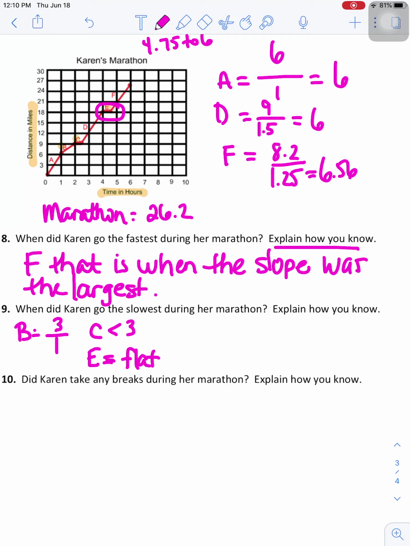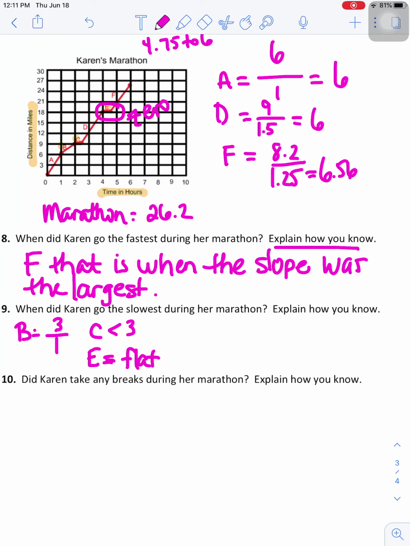Now, if it was totally flat, we want to think about what that means in terms of the slope. That means that the slope was 0. So in the context of the problem, if she didn't have any change in her distance, but her time stayed moving, then that just meant that she wasn't moving. So that meant that she was just standing still. Maybe she stopped to take a water break during that time, and she wasn't running at all.